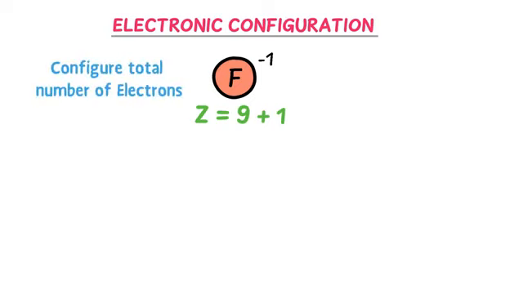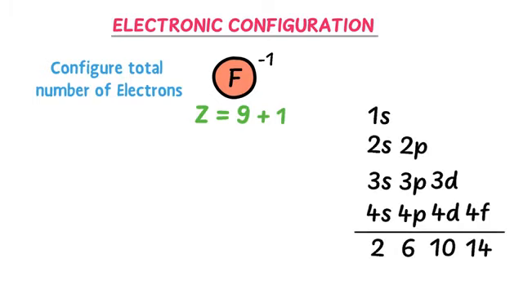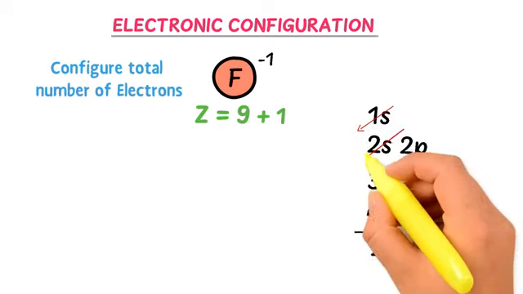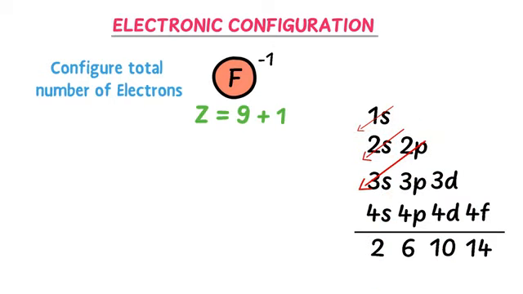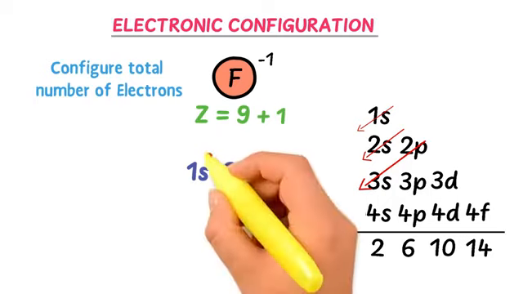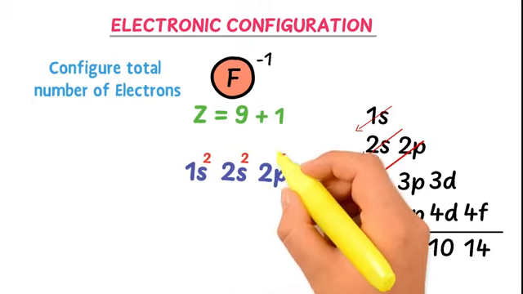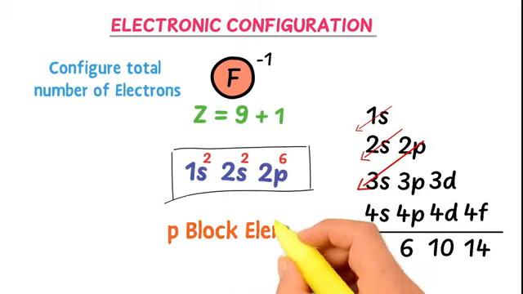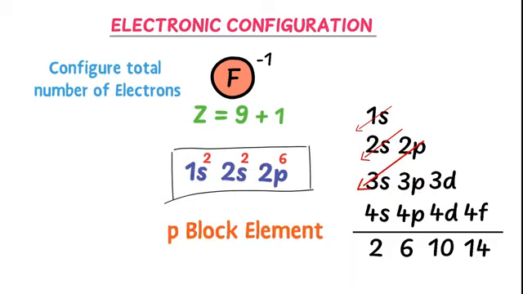We already know about the subshell system. So I cut and write here all the subshells I needed, like 1s, 2s and 2p. We know that 1s and 2s can accommodate 2 electrons and 2p can accommodate 6 electrons. 2 plus 2 plus 6 is equal to 10.